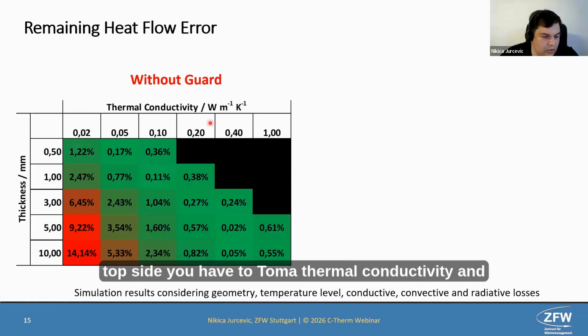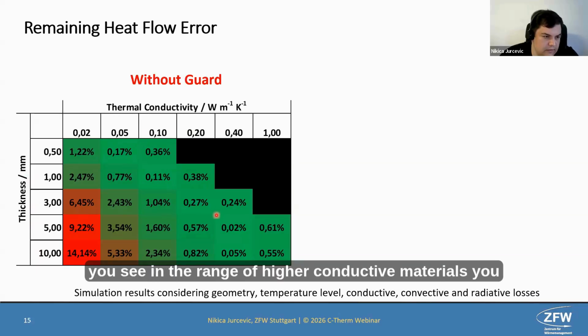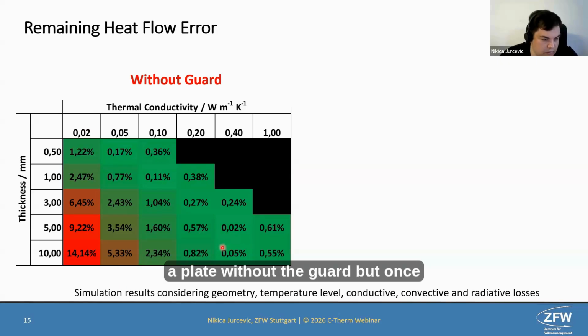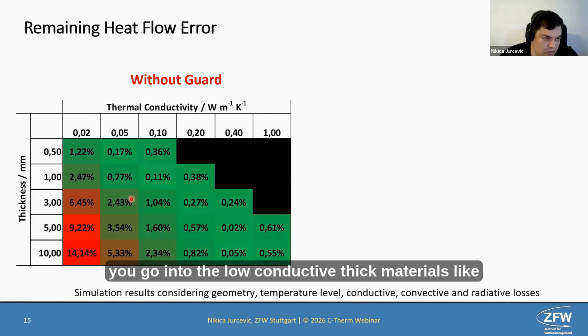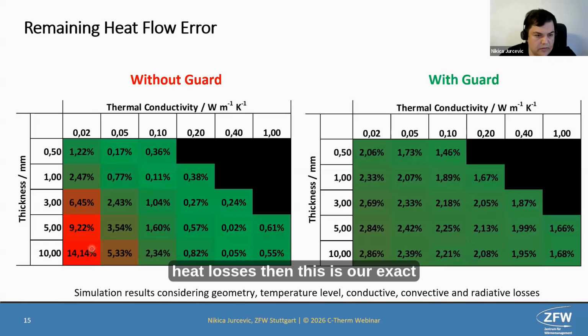On one axis you have the thermal conductivity, and on the other the thickness. You see in the range of higher conductive materials, you don't have much of an issue. You can use just a plate without the guard. But once you go into the low conductive thick materials like aerogels, you have an increased error just through the heat losses.